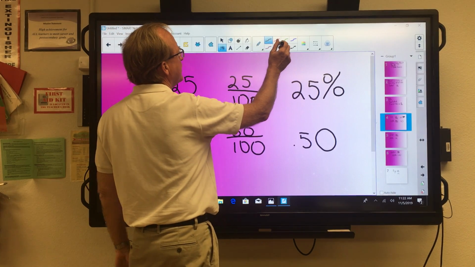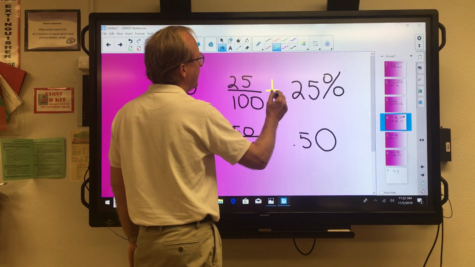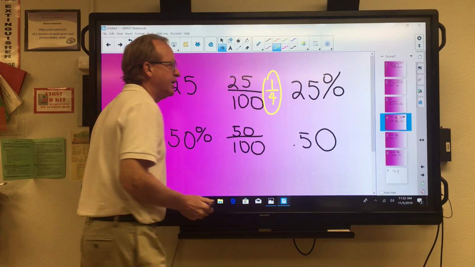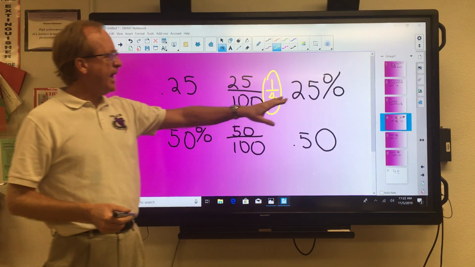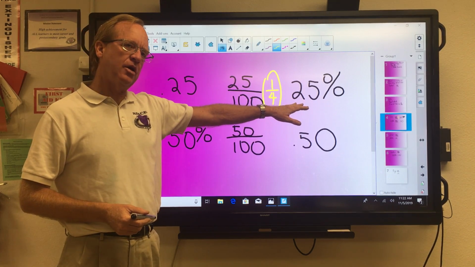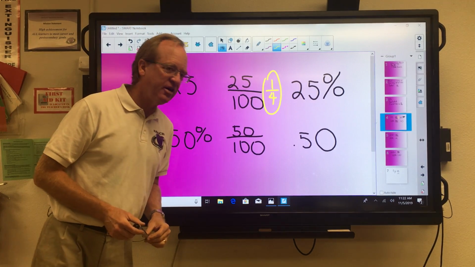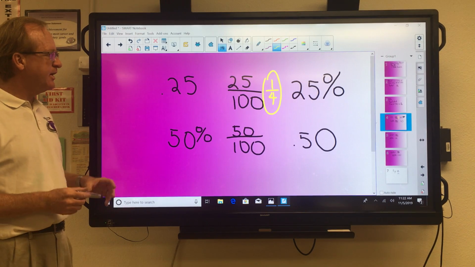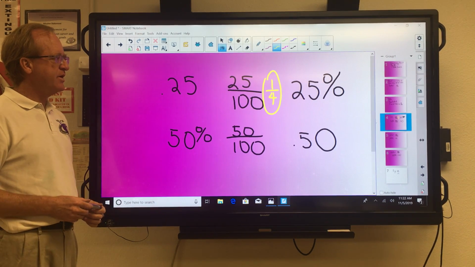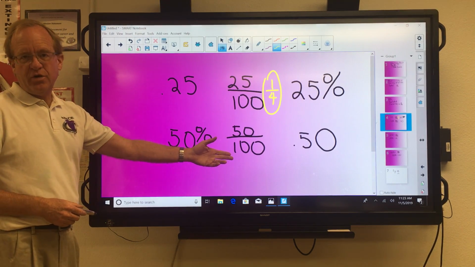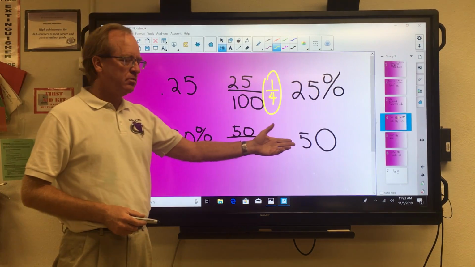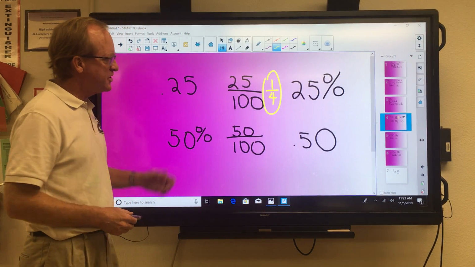And remember, if you reduce, 25 over 100 is 1/4, hence we carry quarters. And I think we could agree that a quarter is 25% of $1. So you can express that 3 different ways. Another example, 50%, 50 over 100, or 0.50. These all mean the same thing.